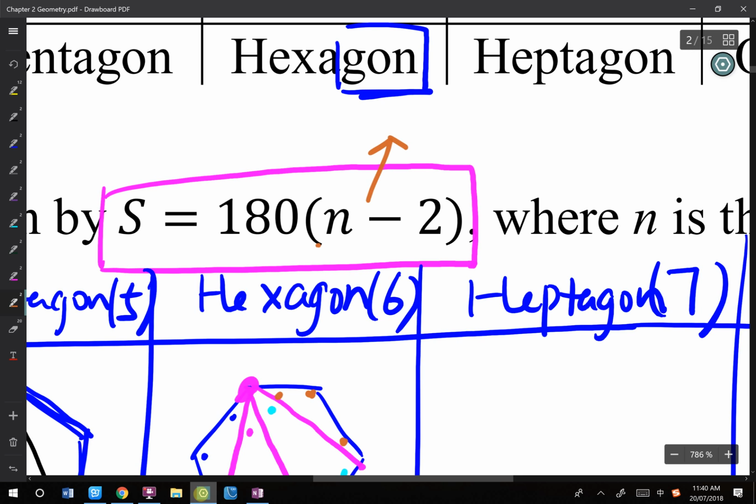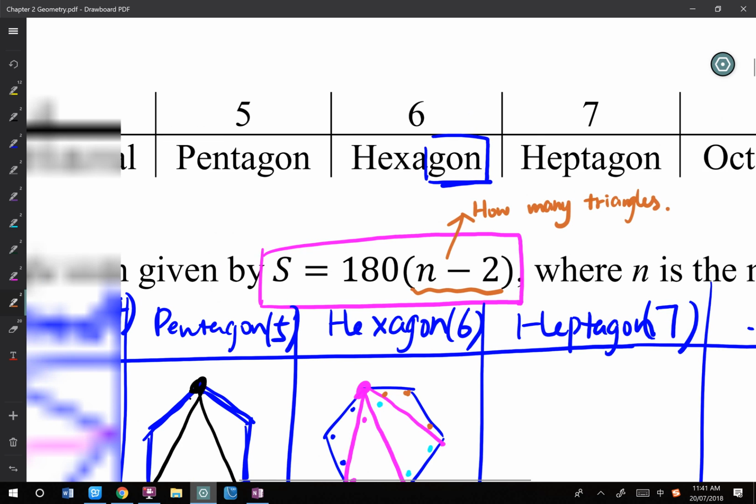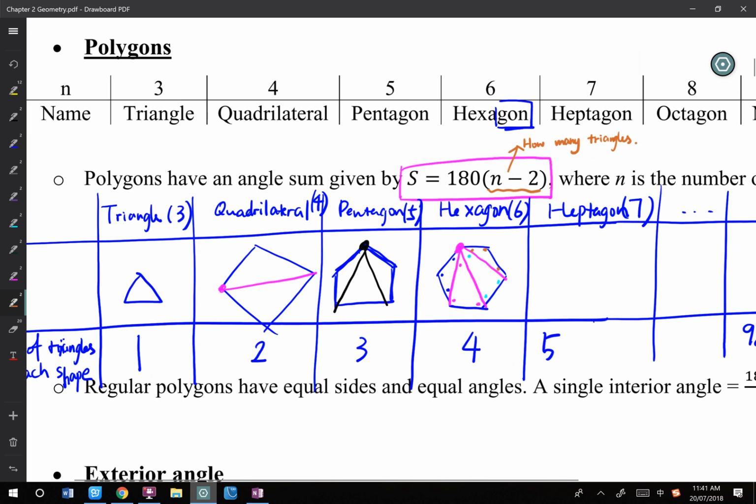So this gives you how many triangles. Okay, this formula you must remember because you will definitely have this in either a multiple choice or short answer question.